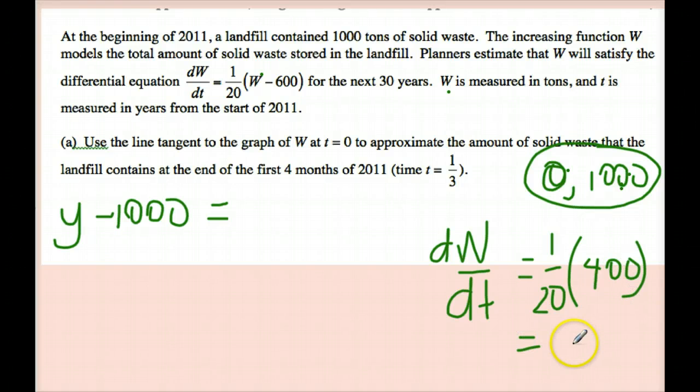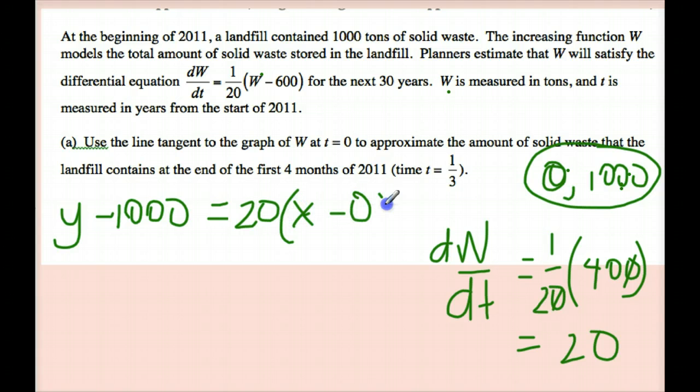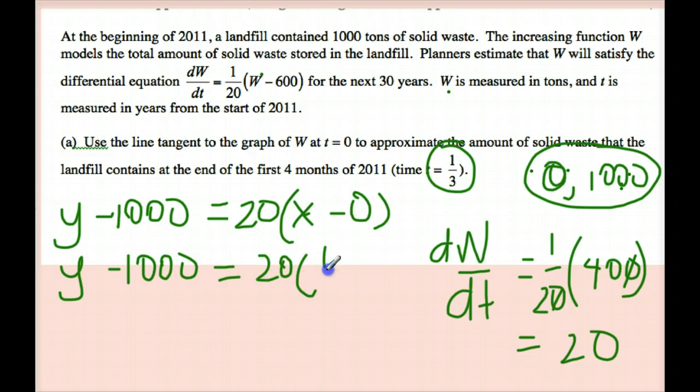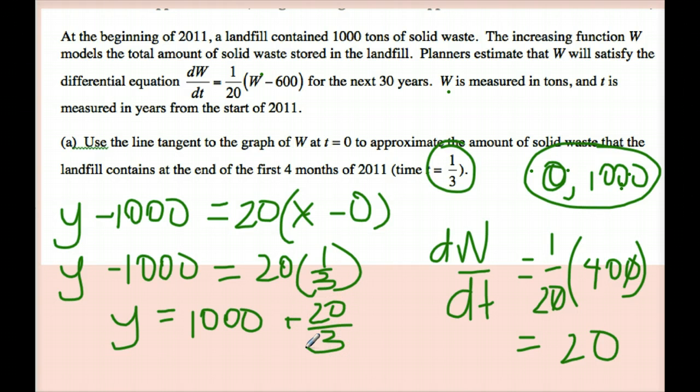That gives me 20. So I see that our slope is 20 times x minus 0, since our time was 0. So I need to plug in 1/3 in here, and we get y minus 1,000 is equal to 20 times 1 over 3, which gives us y is equal to 1,000 plus 20 over 3. So this is how much landfill is in here in 4 months.